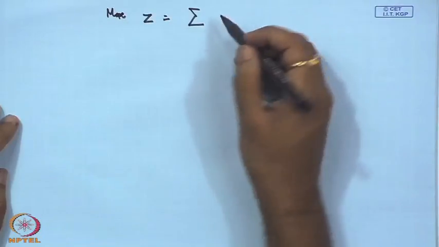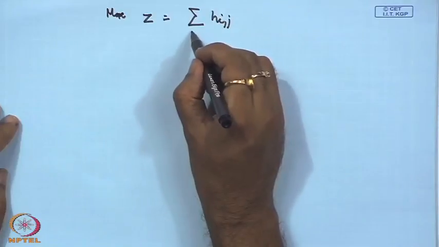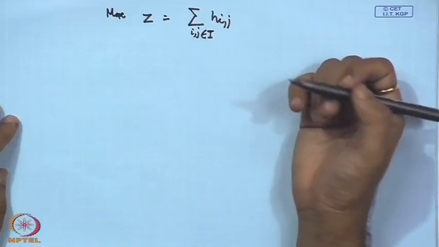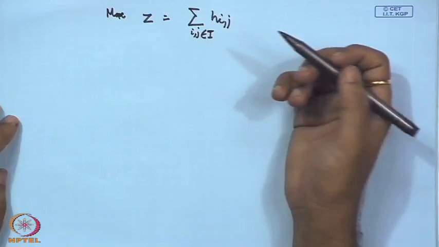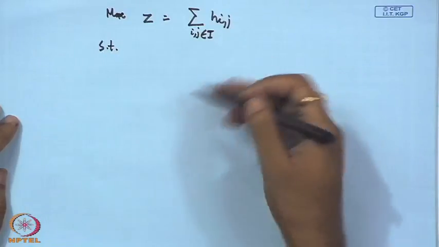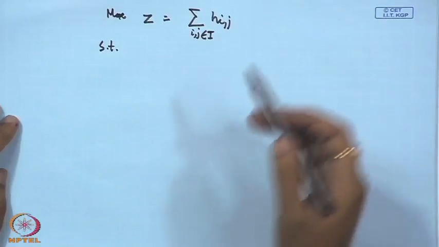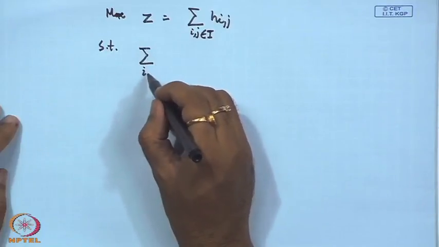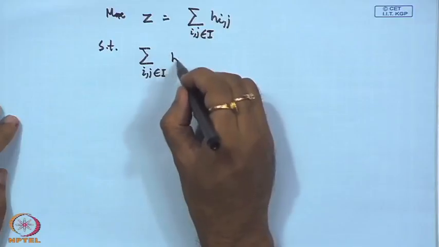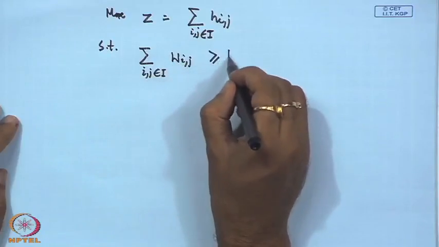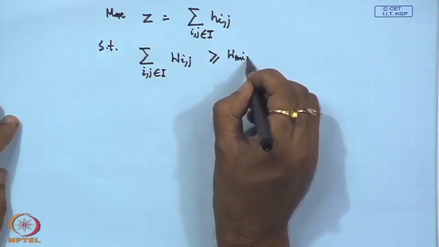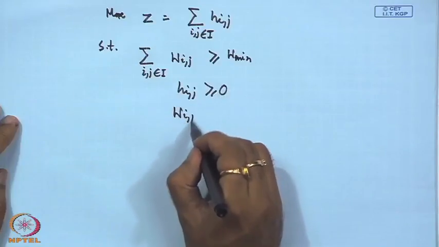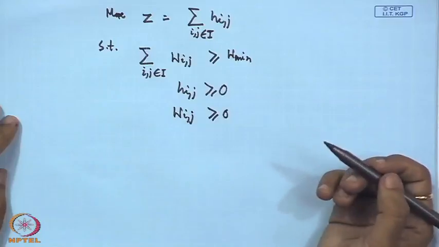In this case, we should have h i j, where i comma j belongs to the set I for wells, and subject to our binding constraints that we have already derived for 2D aquifer, and w i j greater than w minimum, and h i j greater than 0, w i j greater than or equal to 0.